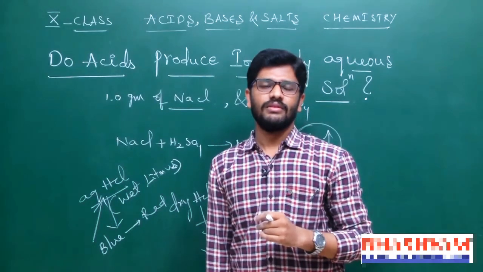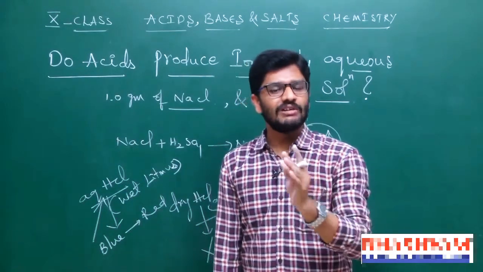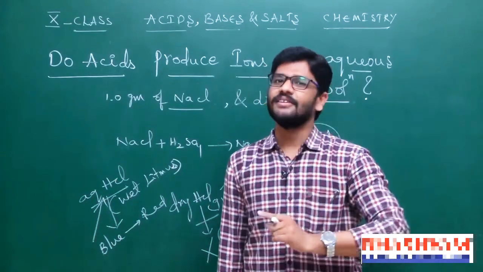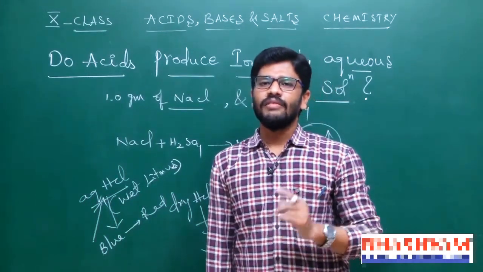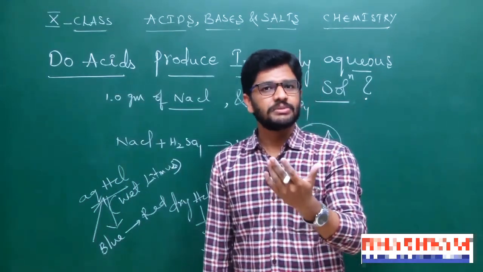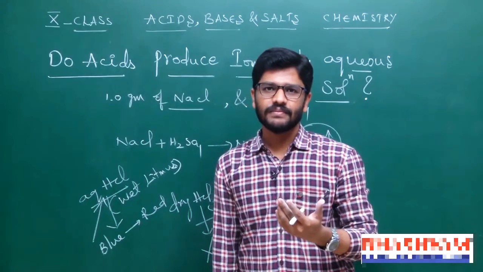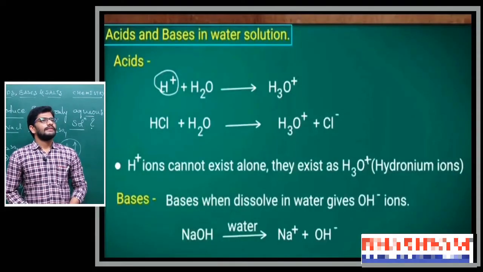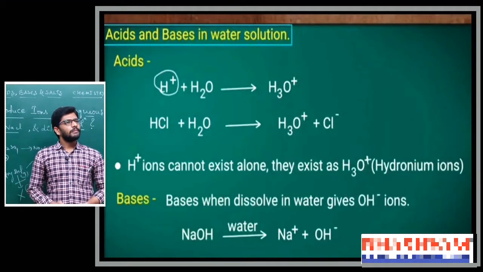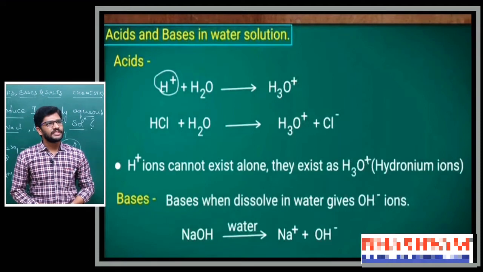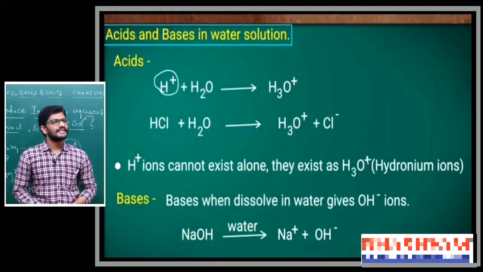When a substance dissolves in water to produce H+ ions, that substance is called an acid. When substances dissolve in water to produce OH- ions, those substances we call a base. Yes or not? Want to see the slide? Yes. So whenever a substance produces H+ ions in the aqueous medium, that substance we call an acid.